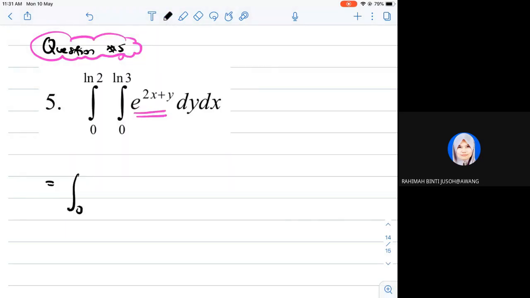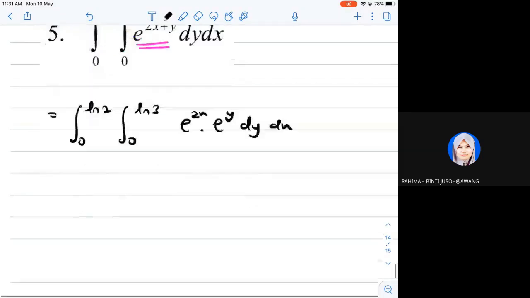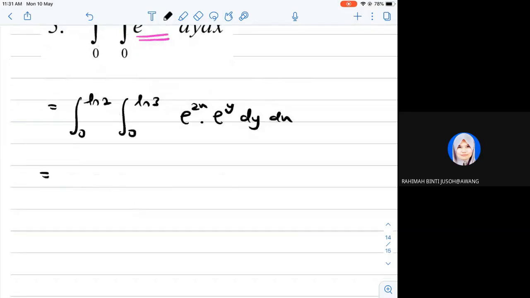Integration from 0 until ln 2, 0 until ln 3, this is equivalent to exponent 2x darabkan dengan exponent y, dy dx. Faham maksud saya? 2x tambah y ni adalah darab exponent 2x darab exponent y. Okay, now kita nak integrate terhadap y dulu.